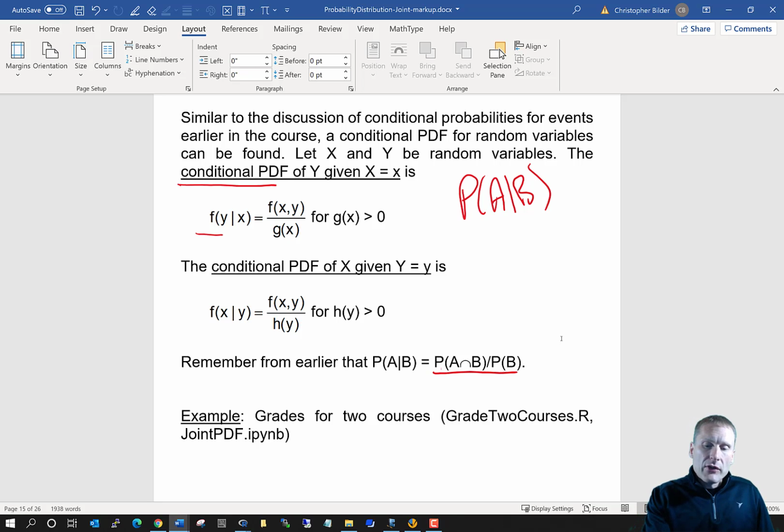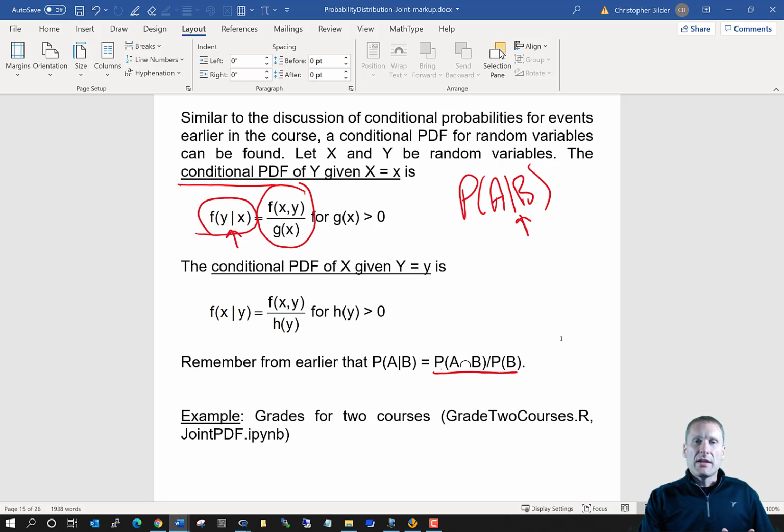So the way that we denote a conditional PDF is like this. f for function, f of y given x. So that line that we saw before in our class is pronounced as given. So given a particular value of x. And this is what this conditional PDF is.